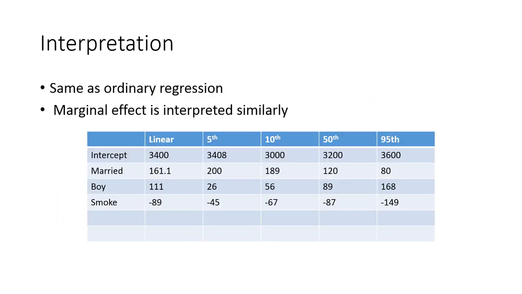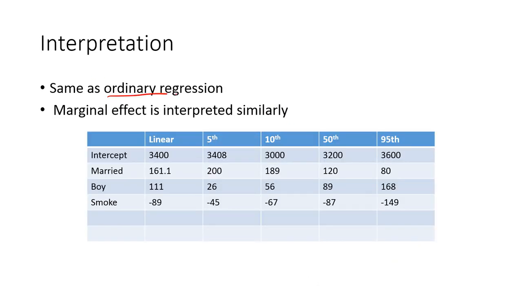So how do we interpret the coefficients that come out from the quantile regression? That's important to learn here. It's very similar to what we do in ordinary regression, whereas certain things have to be understood properly.